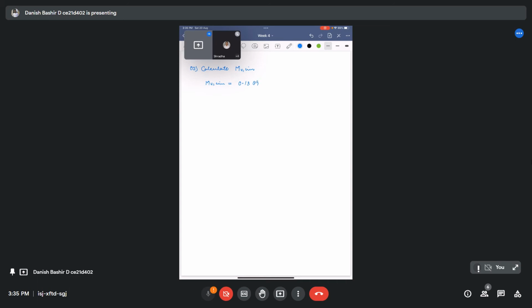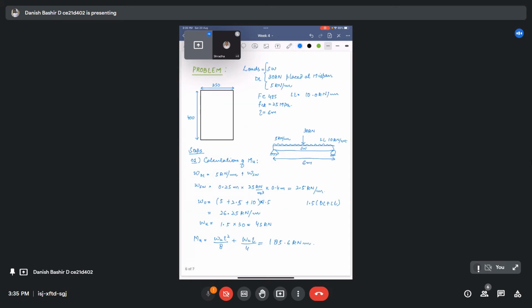0.1389 FCK BD square. This is corresponding to Fe415 steel. For Fe500 and Fe250, these are different. So when we put the values of FCK as 25 and B as 250 and D as, first I forgot, let's first assume the effective depth as 350 mm.